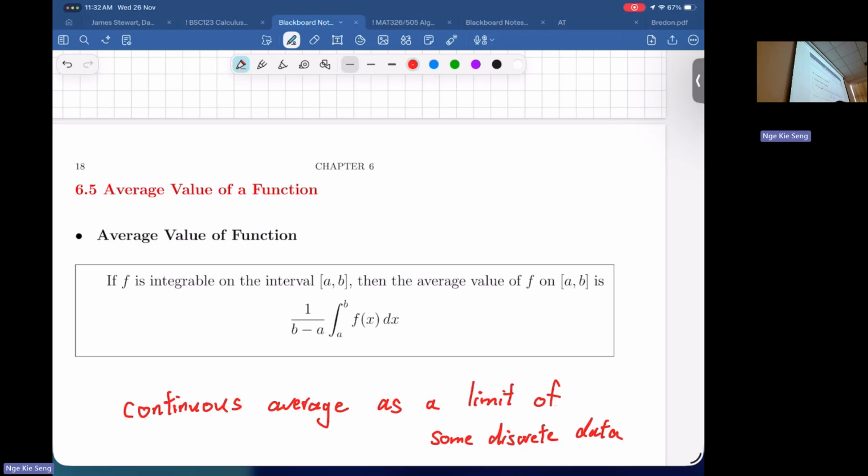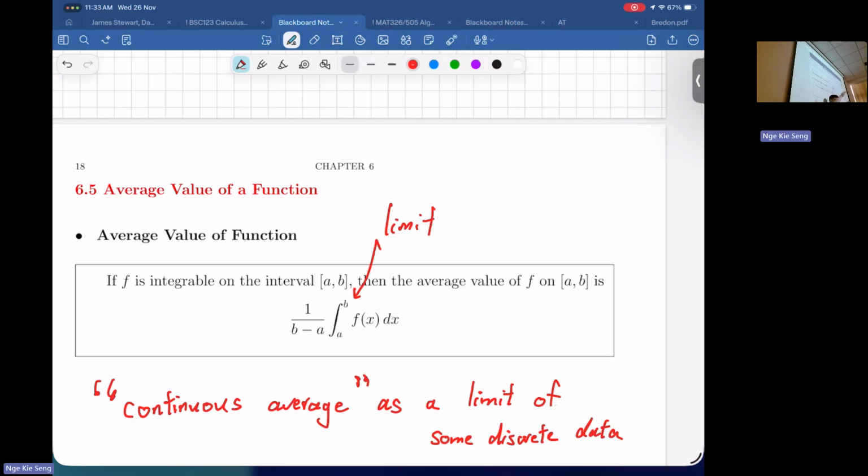Okay, so this average is a continuous average. The average that we did for your quiz, for example, is discrete because it's 1 plus 2 plus 3 plus 4. But here it is a limit, and you need to take the limit. Does it make sense? Okay, limit of some discrete thing.